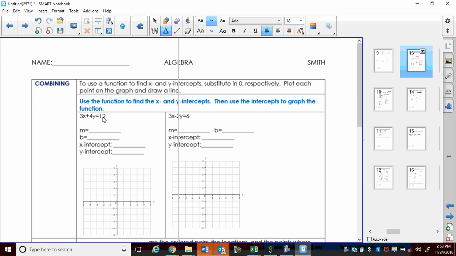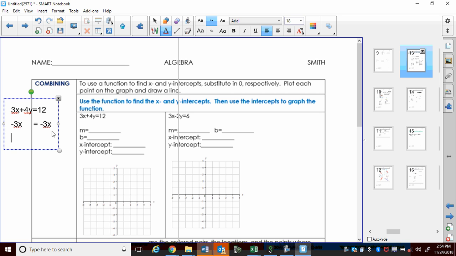And so for the next two, what we're going to do is put them in slope-intercept form, and then you should be able to find the slope, the y-intercept, and the x-intercept. So first, let's just put it in slope-intercept form. We're going to have 3x plus 4y equals 12. That means I'm going to move the x term away from the y term. So I move 3x by saying negative 3x on both sides of this equal sign.